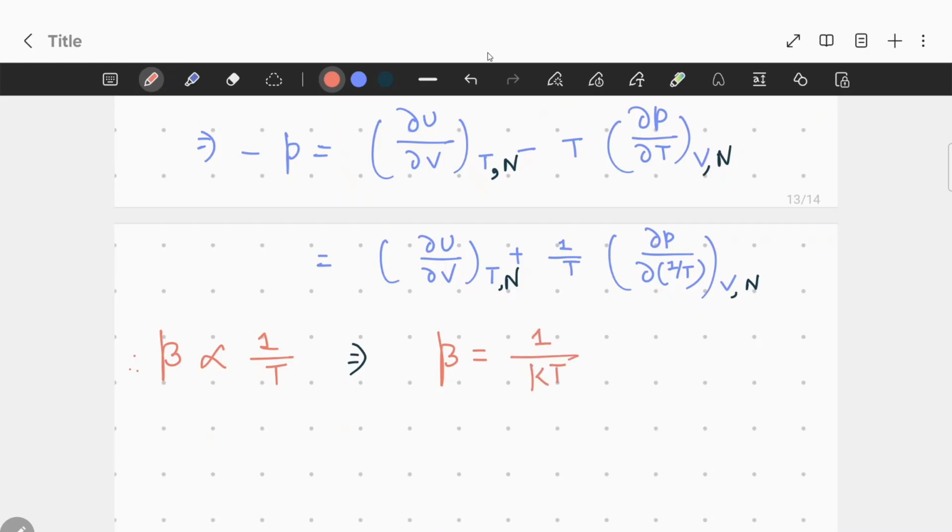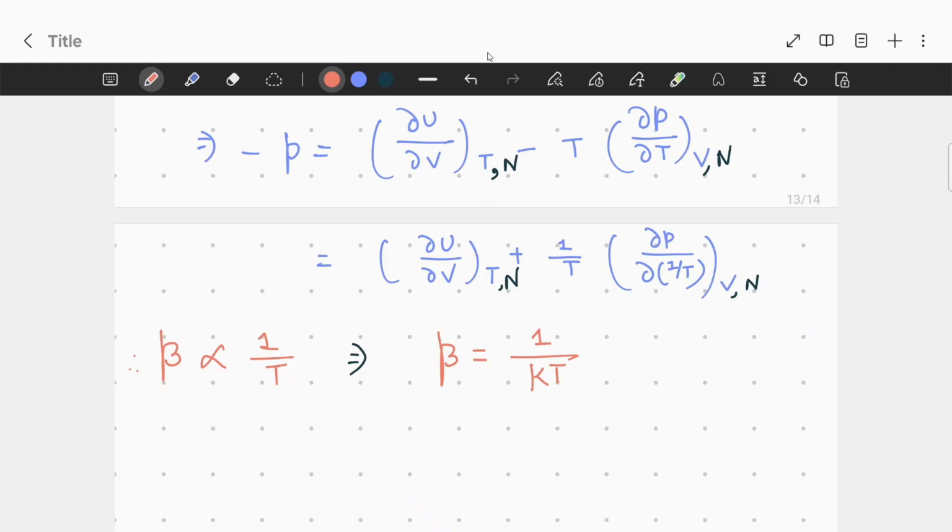So this is our beta. You still don't know that k is actually kB. When you calculate Cv or Cp, then you will see that this k is actually kB.